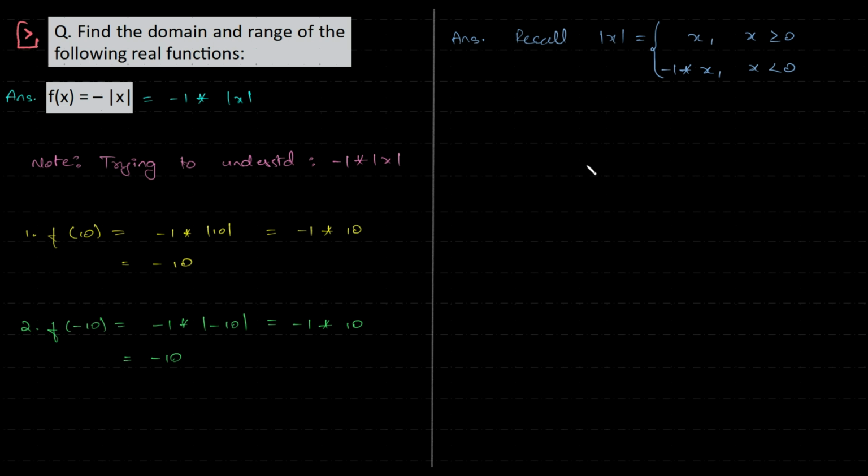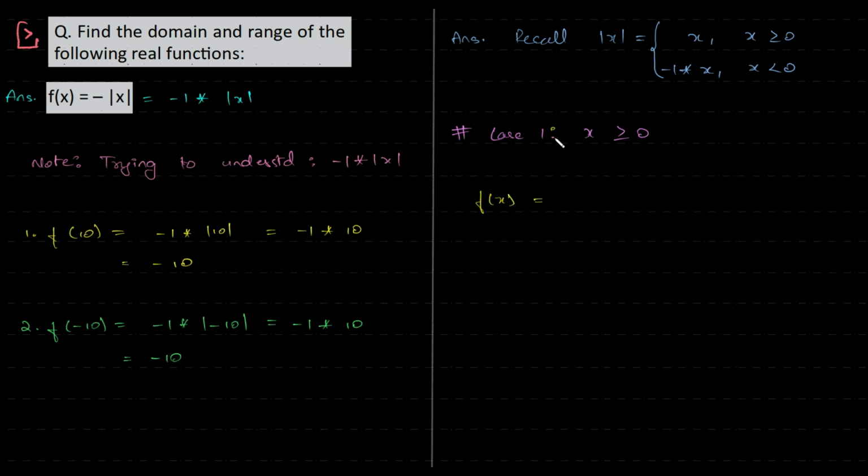Now, how are we going to make use of this? See, this is where you guys have to be careful. Whenever you get any expression related to modulus, be careful. And this is how you have to answer the question. So case 1, for x greater than or equal to 0. What happens to this particular function is what we're going to see.